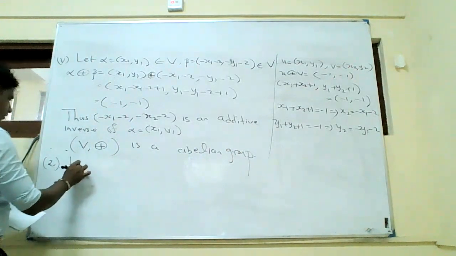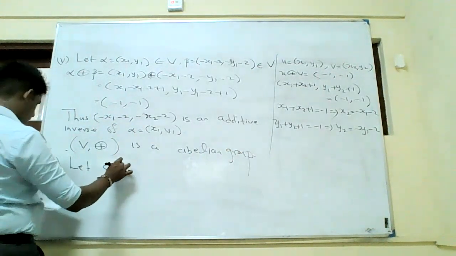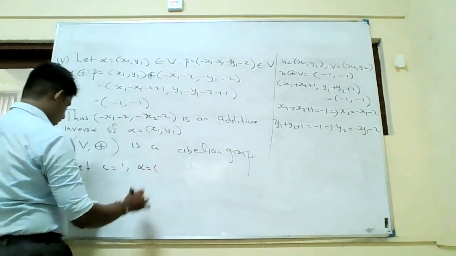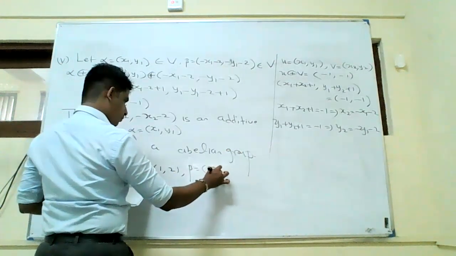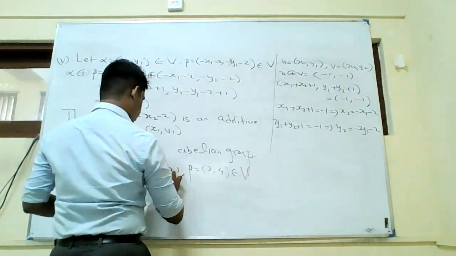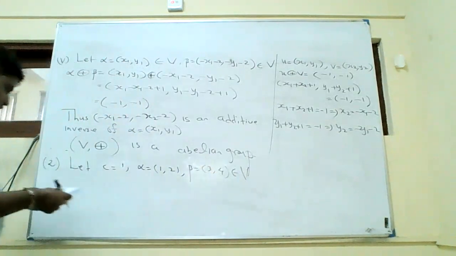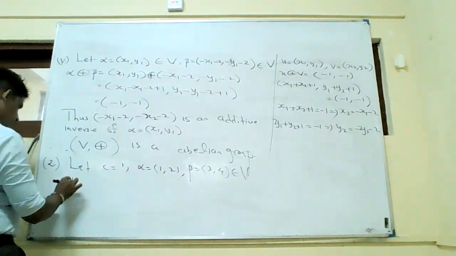Let c equal 1, alpha is the vector (1, 2), beta is (3, 4). You can assume two vectors in V and a real number. So check the condition.